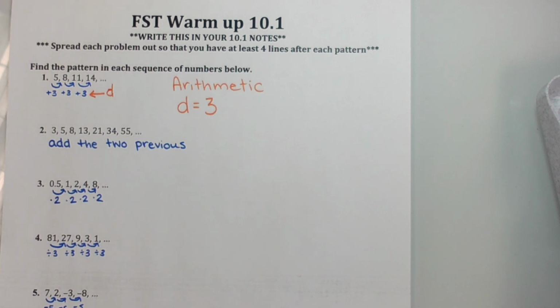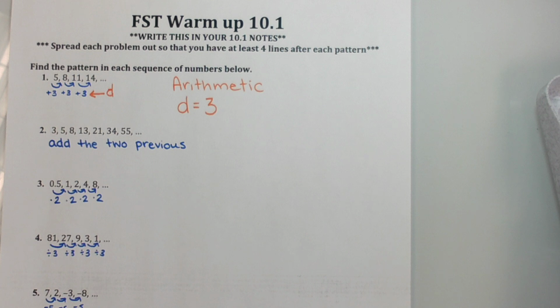But there is one other important thing that you need to know about an arithmetic sequence. It's what you need to be able to know the sequence without listing it out. If someone says, it's arithmetic and d is 3, then what you know is that it's adding 3 every single time.